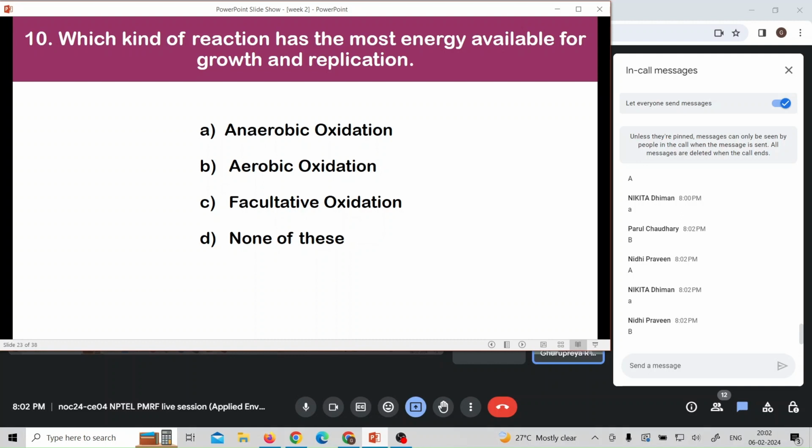Now tell me, there is an equal mix of A and B in the answers. Why A or why B? What made you think it's A or what made you think it's B?